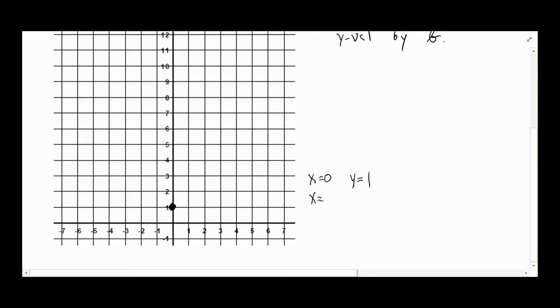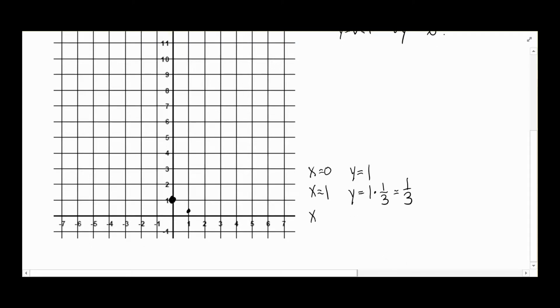So if I increase my x value by 1, then I'm going to multiply 1, I actually write 1 times, my base is 1/3, so I'm going to take the previous y value and multiply it by 1/3. That's 1/3. So I'm going to plot that.